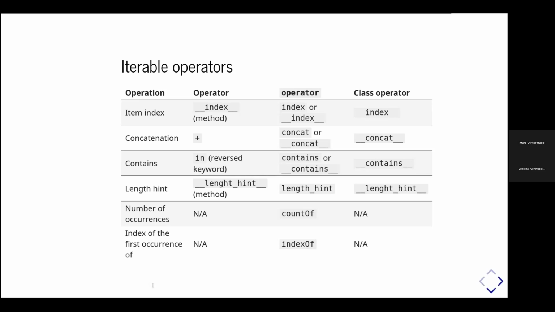So this is contains, this is not in. Semantically speaking, this is the converse. The length int, which allows to get the length of an iterable faster, without iterating over the whole iterable. The counters, which is useless, maybe. Index of, which seems also useless. So I don't know why it exists, but it exists.